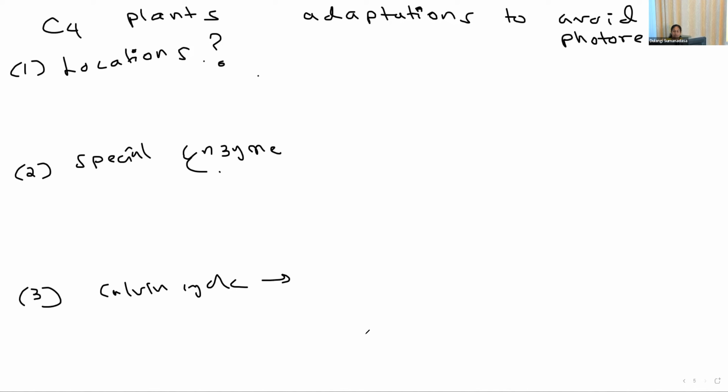Right? Rubisco has problems if it tries to trap the atmospheric carbon dioxide. I'm giving you clues. These are not the points, right? Write down the points.